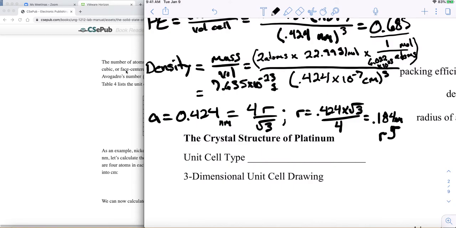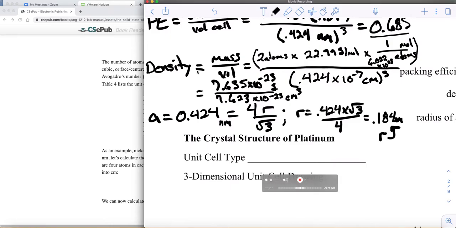That's in grams. I'm going to divide that by a volume that's 0.424 times 10 to the minus 7, cubed. And I get about 7.622 times 10 to the minus 23 cubic centimeters. Right? Those are really, really tiny numbers.